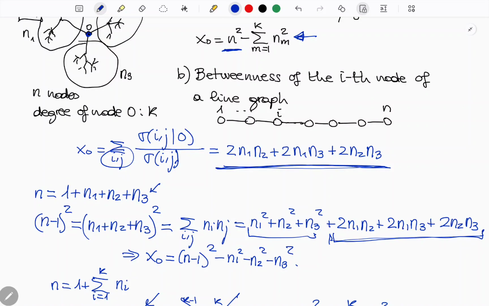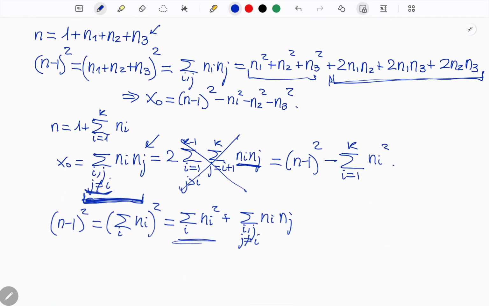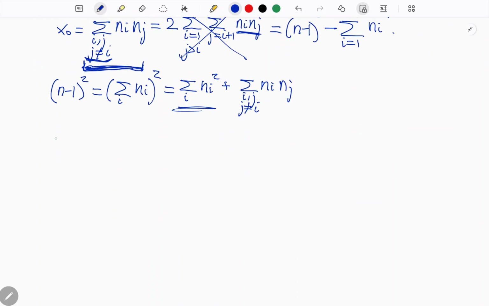And now we have to use this expression in order to find the betweenness centrality of the ith node of a line graph. So this is going to be the answer of question B. Here we have the line graph. This is going to be node i, and this is going to be node n, well, node N and lowercase n.